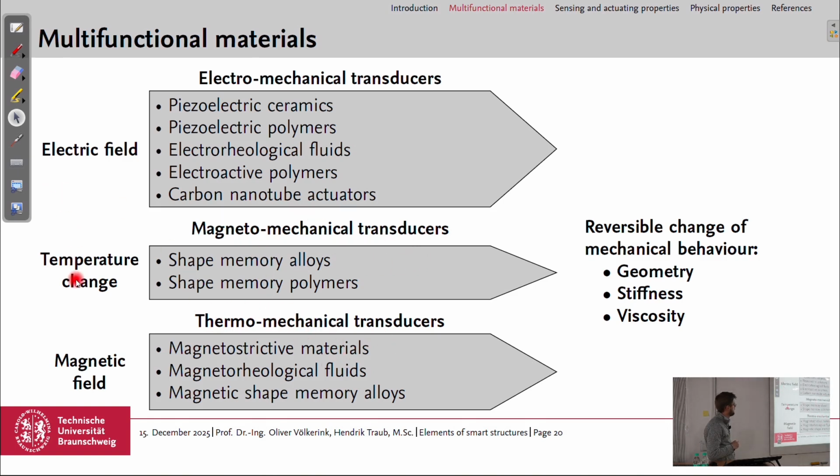An electric field, temperature change, or magnetic field leads to a reversible change in geometry, stiffness, or viscosity, like in the magnetorheological fluids. Common example materials are piezoelectric ceramics, piezoelectric polymers like PVDF, electrorheological fluids, electroactive polymers, and carbon nanotube actuators as well. We could not only have shape memory alloys, but also shape memory polymers and magnetostrictive and magnetorheological fluids. And also there are some magnetic shape memory alloys.